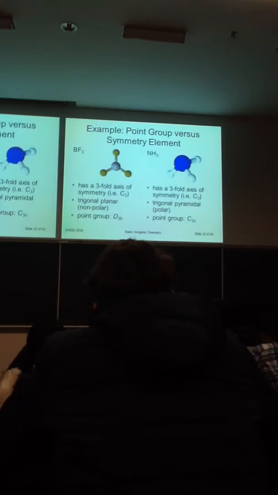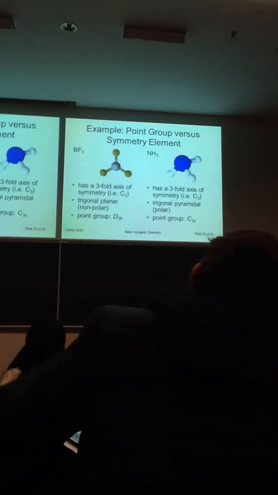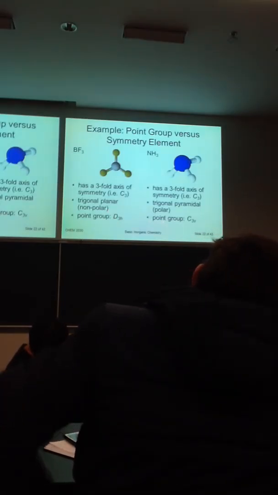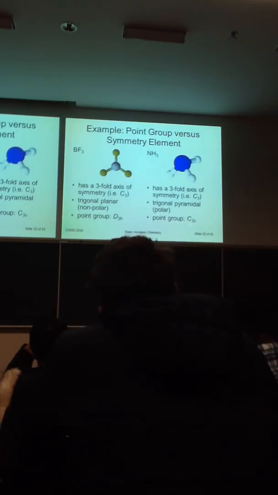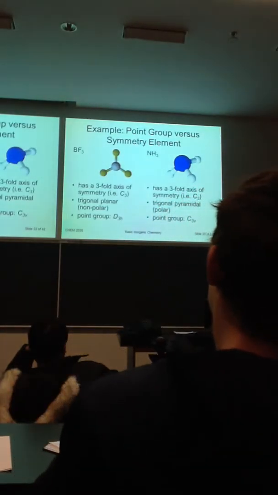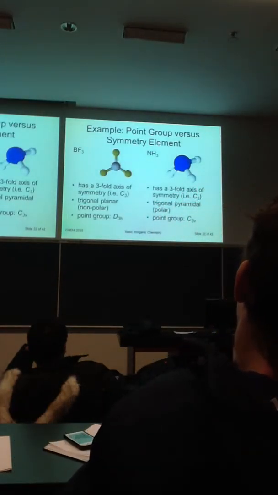And if we go through the operation of establishing what the point groups are, the boron trifluoride is denoted D3h, and the point group for ammonia is C3v. We have different point groups, and the different point groups would actually tell us that they have different properties.